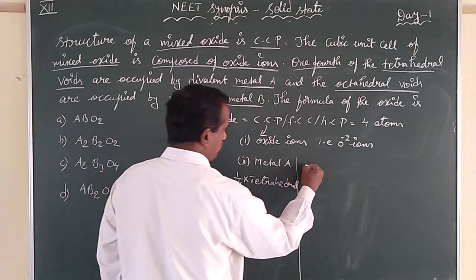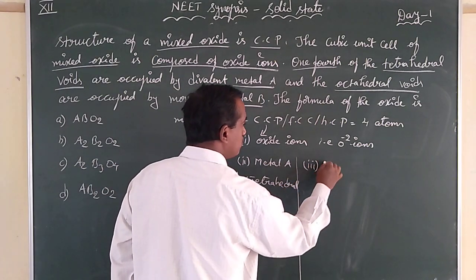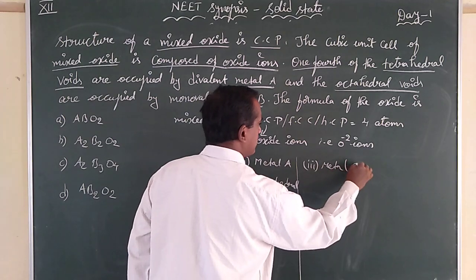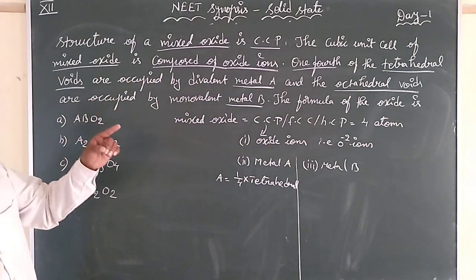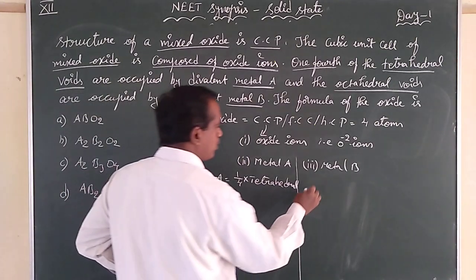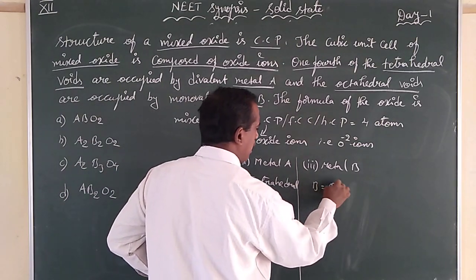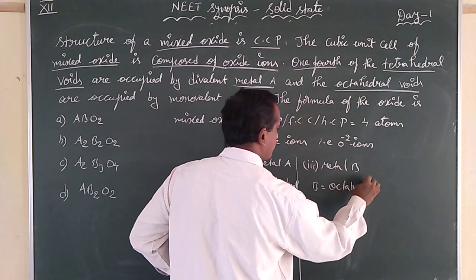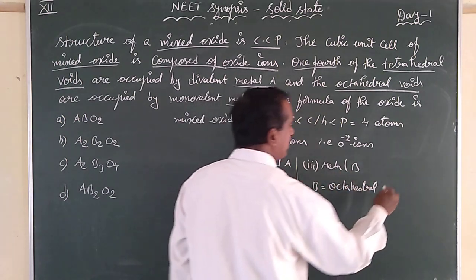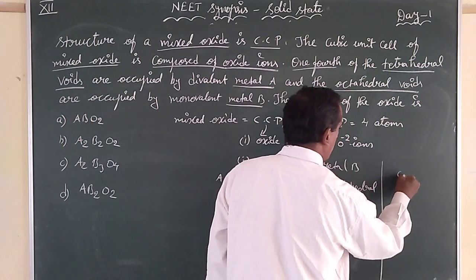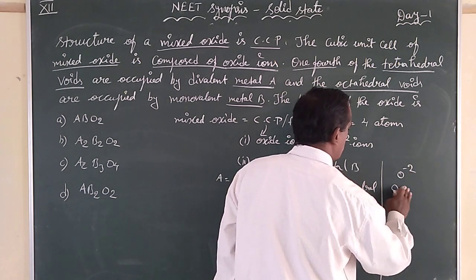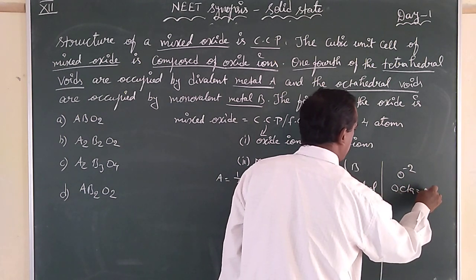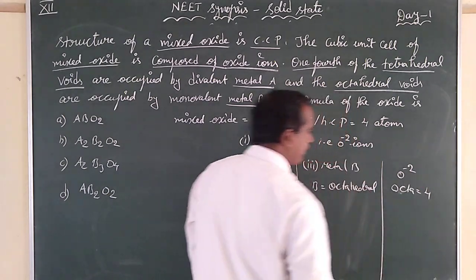And metal B, where is it occupying? The octahedral voids are occupied by metal B. Oxide is occupying the CCP positions, which is equal to 4.